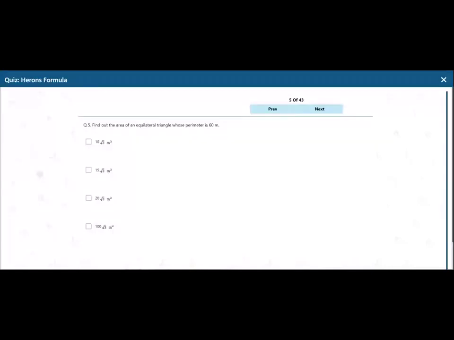Question for Akash. Find the area of an equilateral triangle whose perimeter is 60 meters. What is the formula for the area of an equilateral triangle? Root 3 by 4 into a square. Very good. They have given the perimeter. You have to find a and then find the area. Akash has to answer. Option D, ma'am.